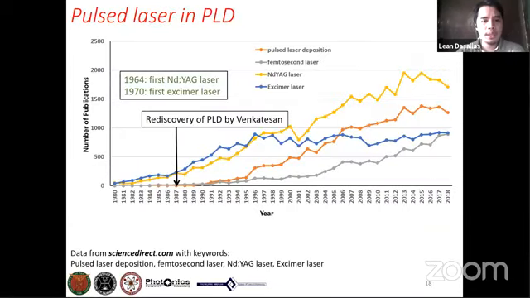Now, in the literature, the pulse laser deposition is usually done with different pulse lasers such as excimer lasers and Nd:YAG laser. However, in the late 80s, the technology of femtosecond pulse laser improved, and that enabled the use of femtosecond pulse laser in the deposition.